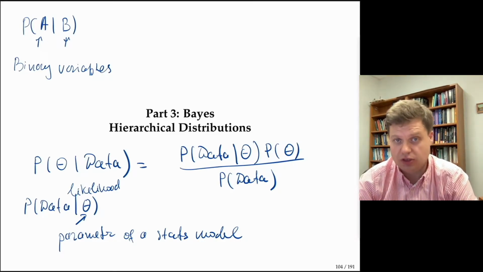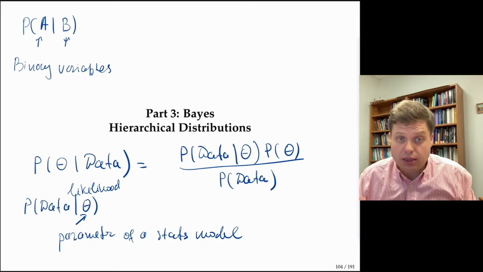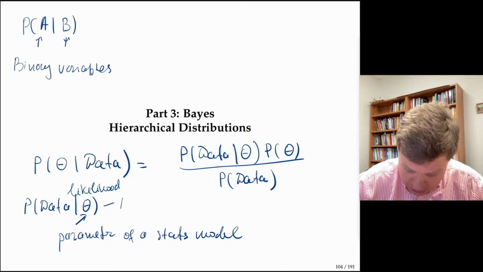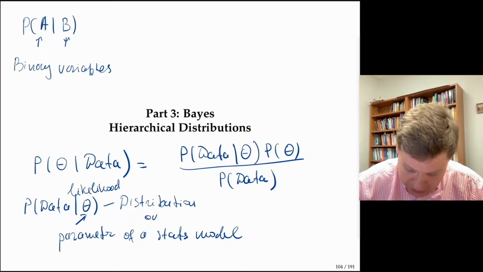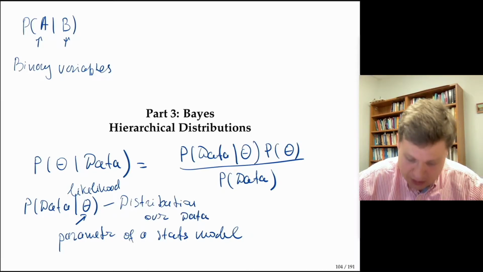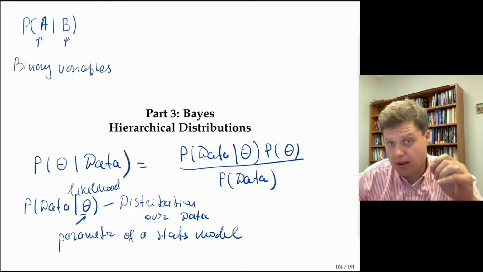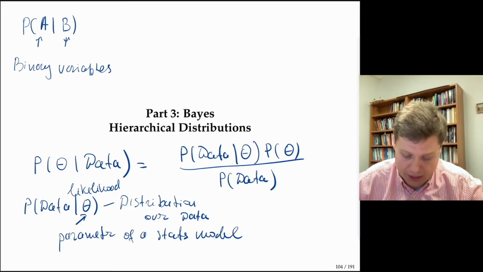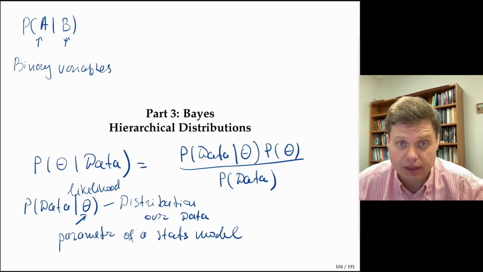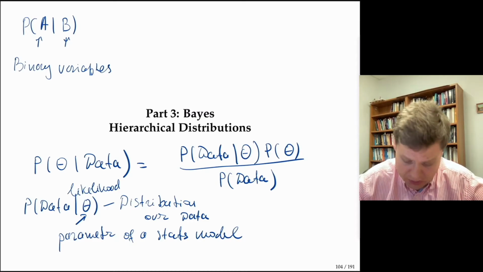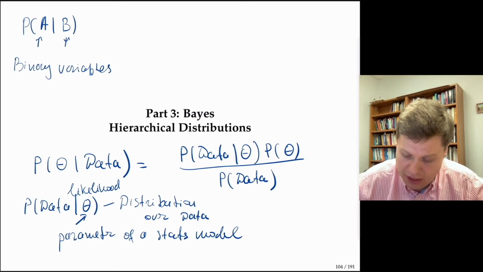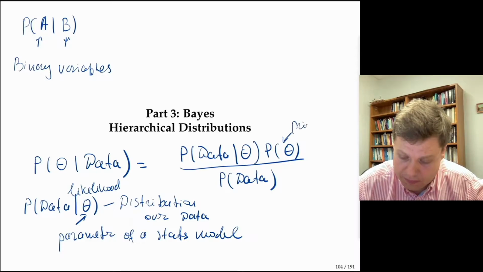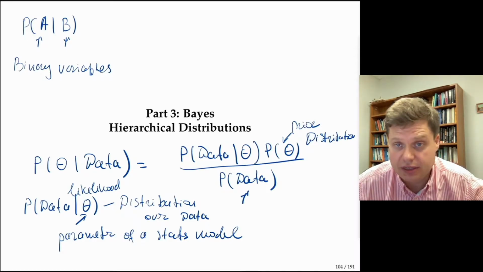The likelihood is just you assume some distribution over data, and theta is the parameter of this distribution. When you calculate the product of the probabilities, you get the likelihood. And then you have your prior distribution. And then, of course, you have the evidence, which is the total probability.